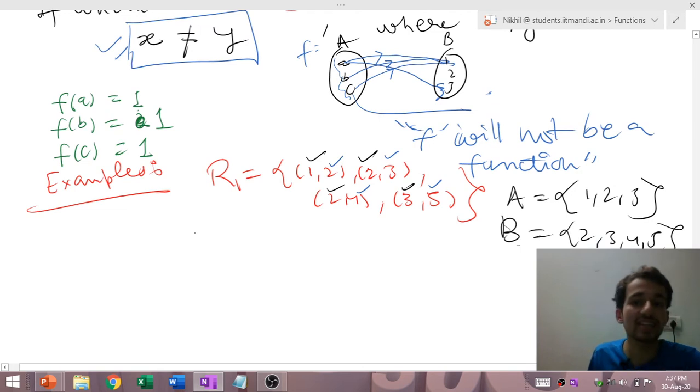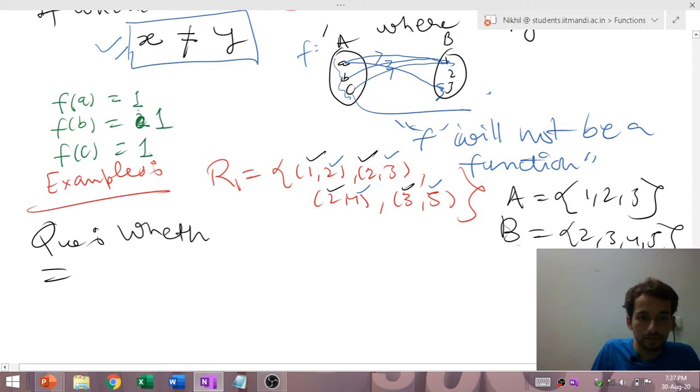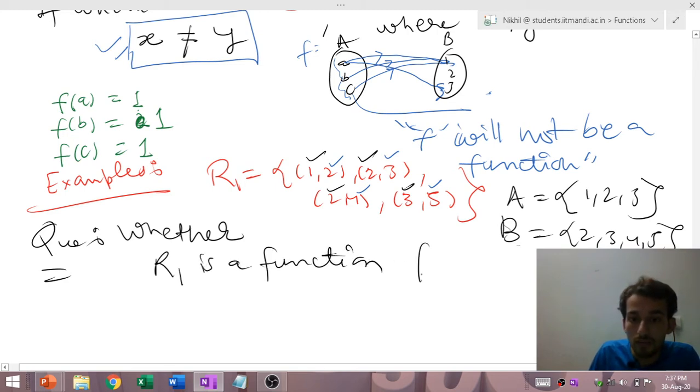Now I'm asking whether this R1 is a function from A to B. This is my question now to all of you.